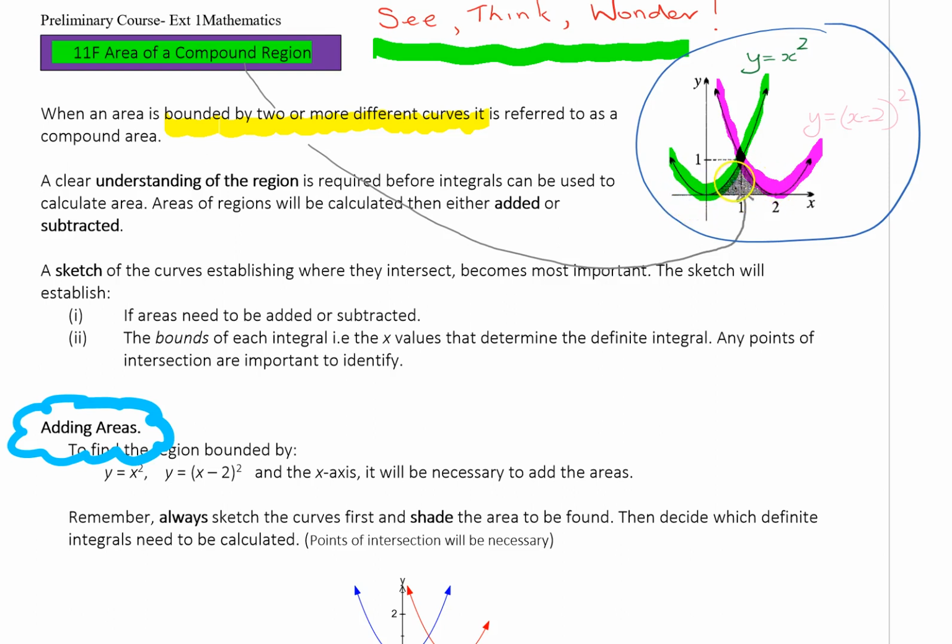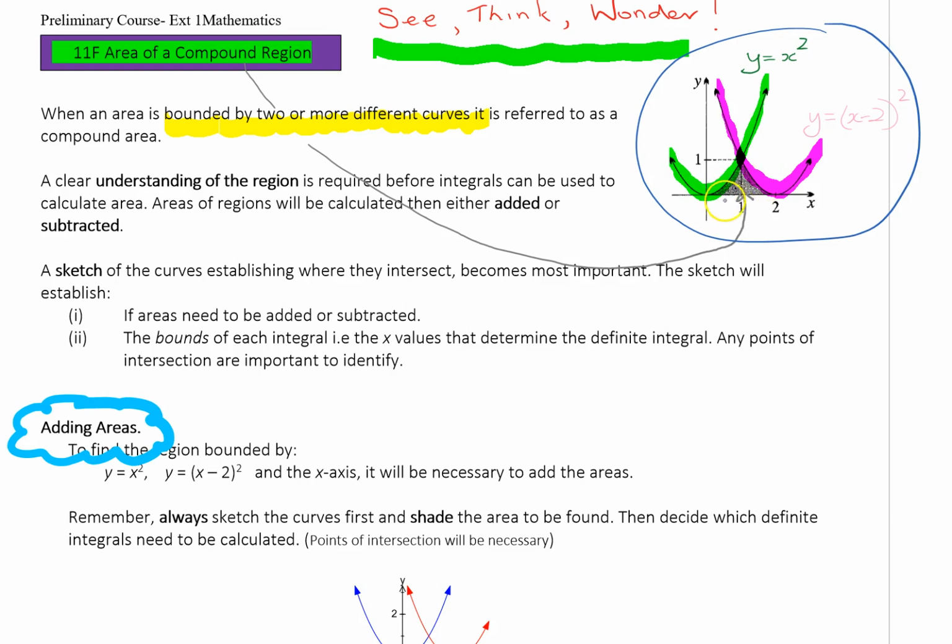So for some of the grey area, it's the area under the green curve, and for the remainder it's the area under the pink curve. Together, those two areas make what we call a compound area. This is just one type of compound area. It's not the only type, and throughout this exercise I will introduce you to the other types.